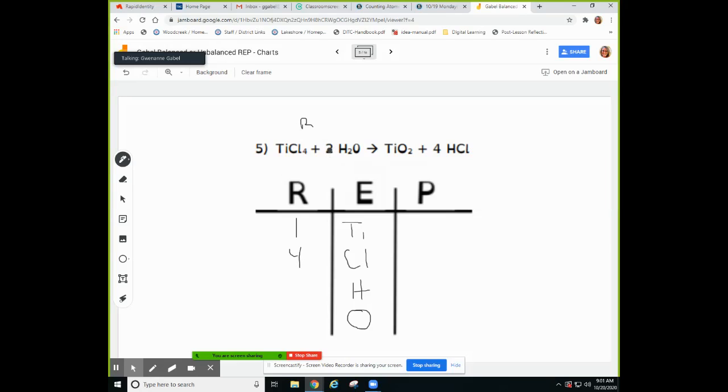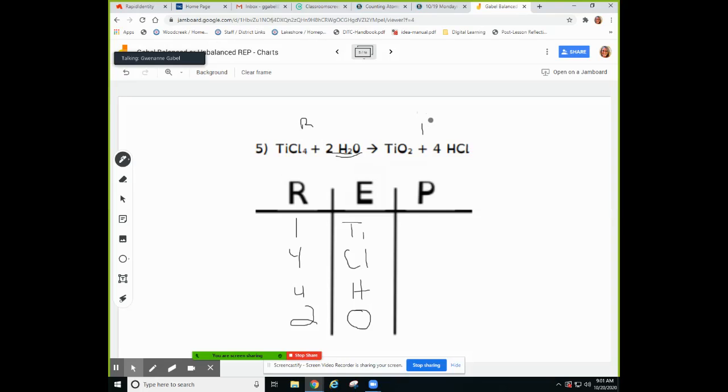H2O, I have 2 molecules of H2O, so I need to distribute this 2 to both elements. That tells me I have 4 atoms of hydrogen, 2 times 2, and 2 atoms of oxygen. So I'm complete with the reactant side.